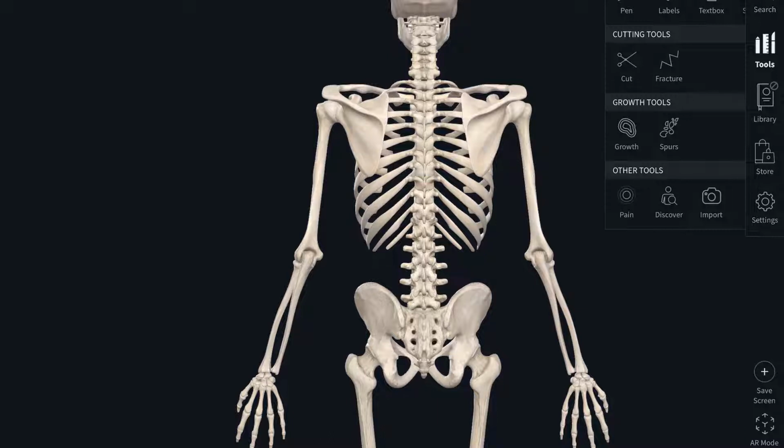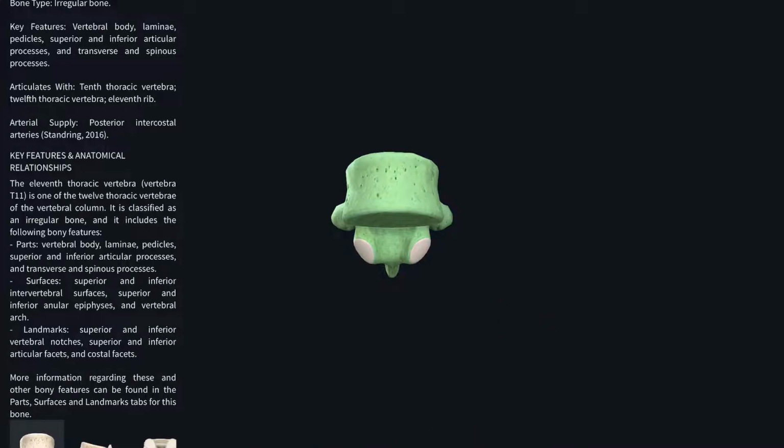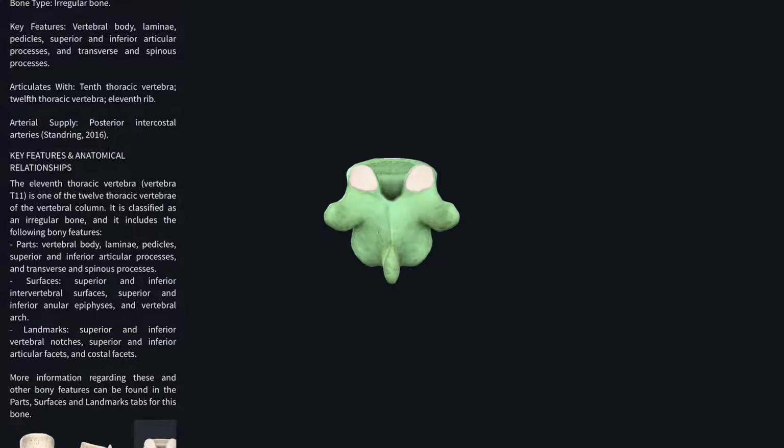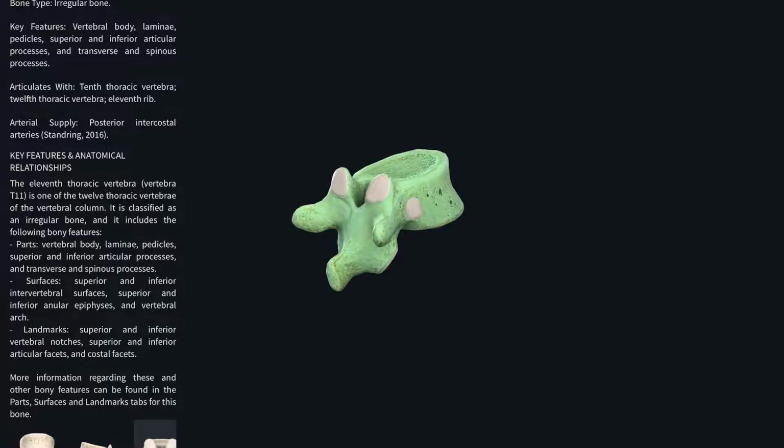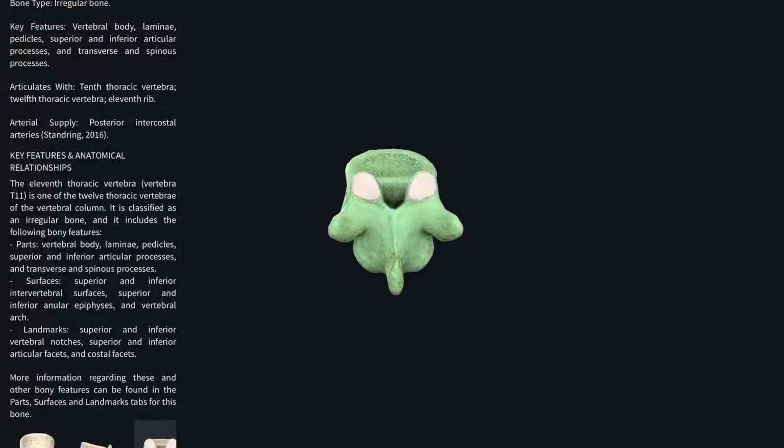So most individual vertebrae will have similar appearance. Anteriorly, they have a vertebral body that supports and translates much of the weight. So this is the anterior part of the vertebral body, and it supports and translates most of the weight. Now, posteriorly, they have a beak-like projection called the spinous process, and two lateral projections called the transverse processes.